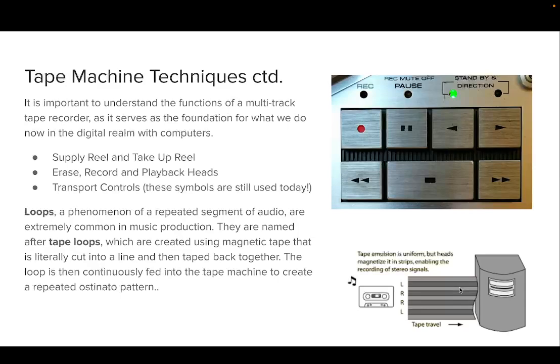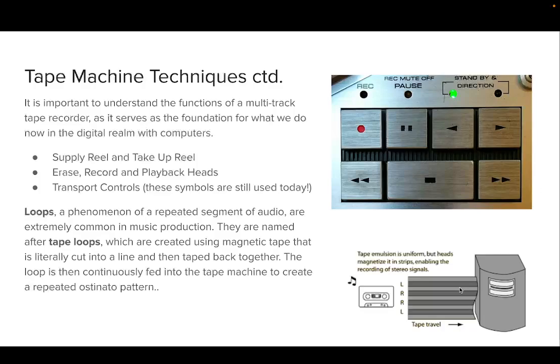It is important to understand the functions of a multi-track tape recorder, as it serves as the foundation for what we do now in the digital realm with computers. The supply reel and take-up reel are important because these parts allow us to see the beginning and ending of a signal.